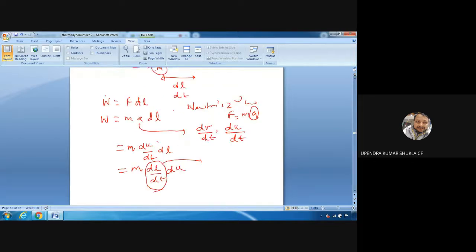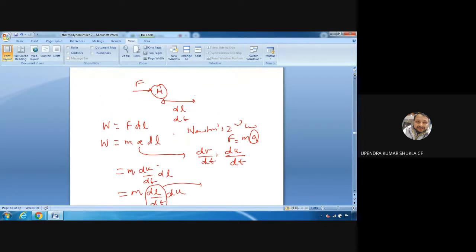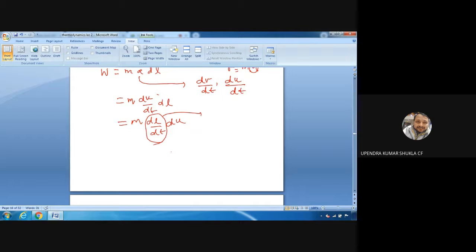In this figure you see dl is displacement. The displacement per unit time is velocity. So this is u, the instantaneous velocity at any point of time. So this is m u du. Now this equation, you can integrate.